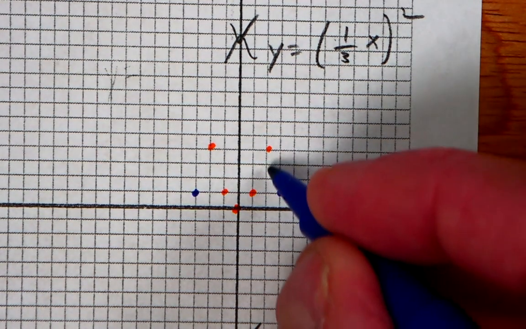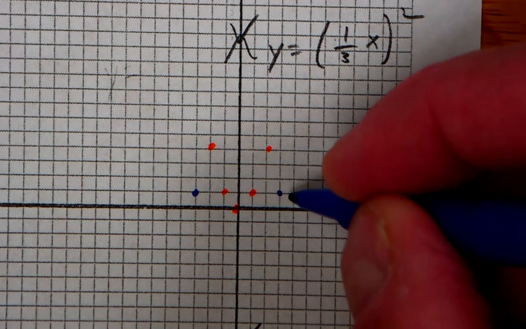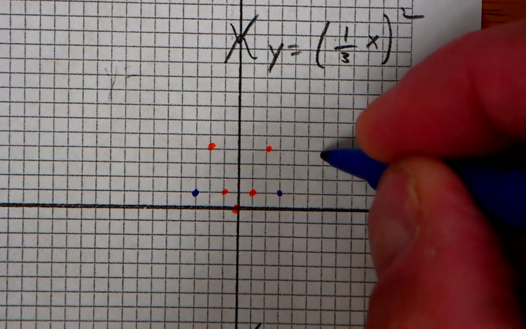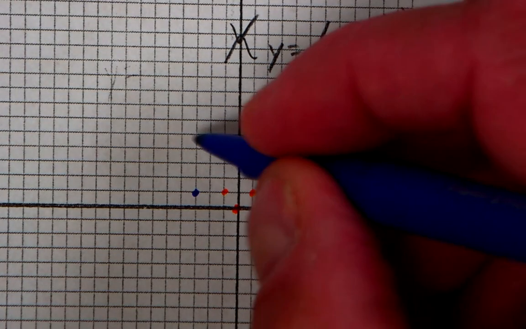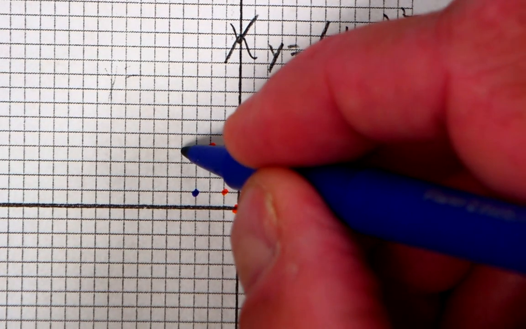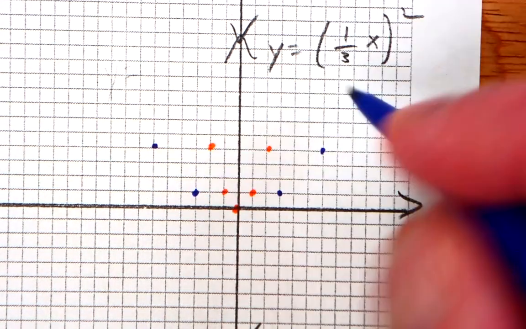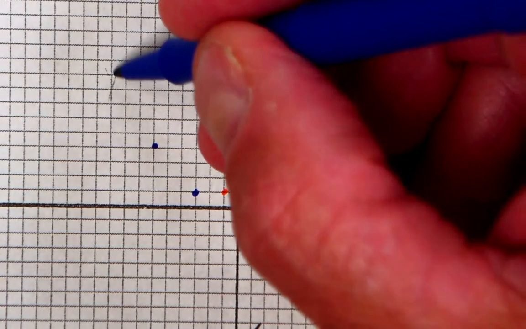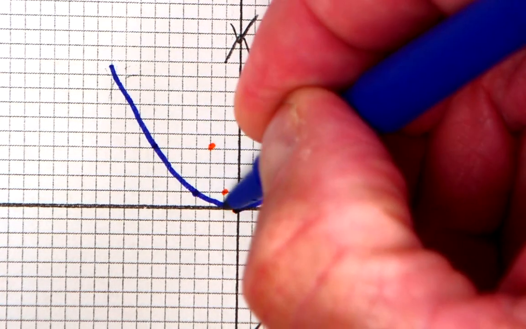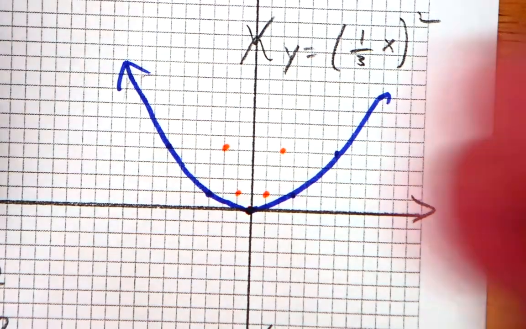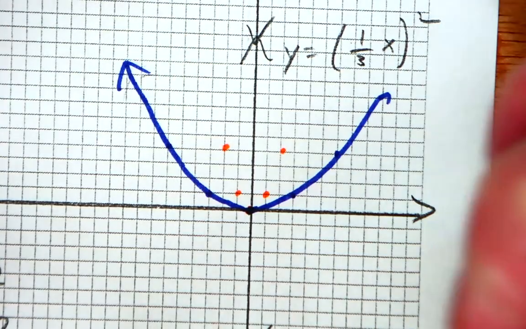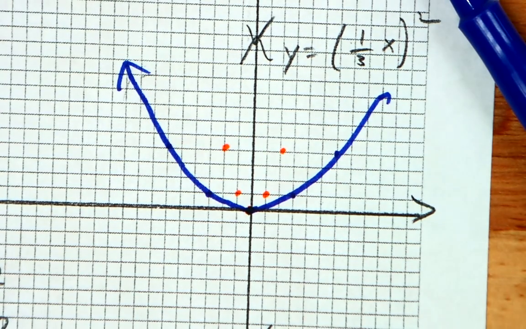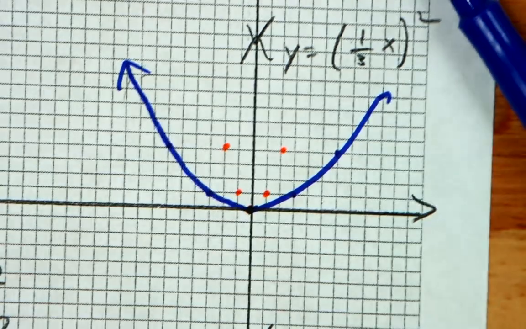Instead of going out 2, up 4, I'm going to go out 6, up 4. And you'll see that it looks like it's been stretched horizontally. I took the orange and stretched it out horizontally.